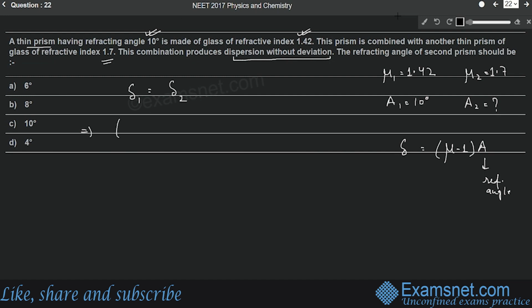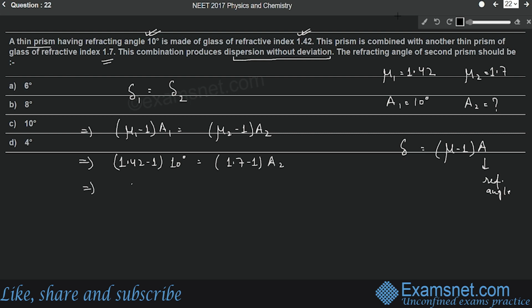It will be equal to (mu1 minus 1) into A1, and for delta2 it will be (mu2 minus 1) into A2. So let's put the values. Mu1 is equal to 1.42 minus 1 into A1 is equal to 10 degree, right? Similarly, this side mu2 is equal to 1.7 minus 1 and A2 is unknown. We have to find the value of A2.